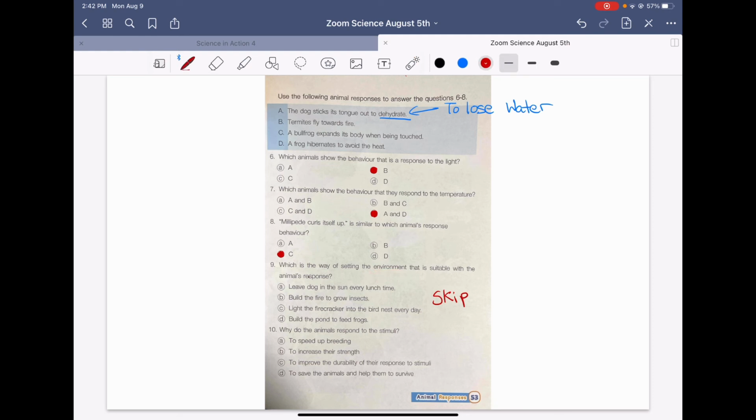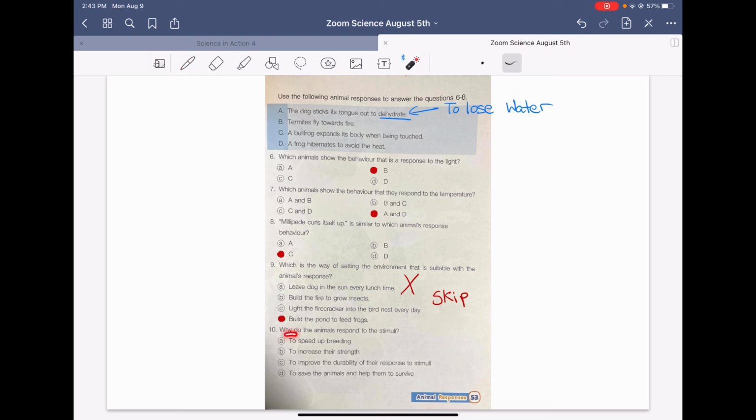The answer choices are: leave the dog in the sun every lunchtime, build the fire to grow insects, light the firecracker into the bird nest every day, build the pond to feed the frogs. D is the only choice that makes sense here. But we're going to skip it, okay? This one's not important.